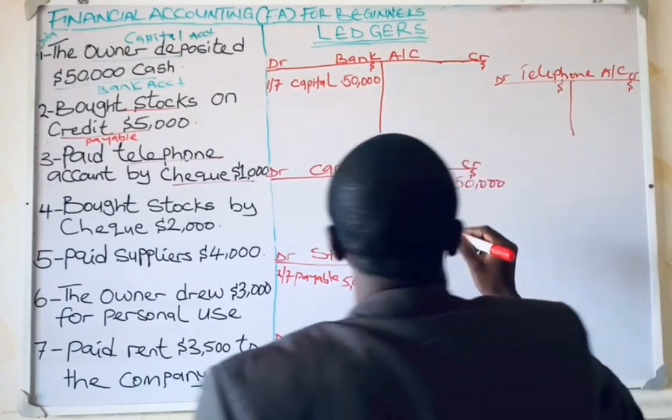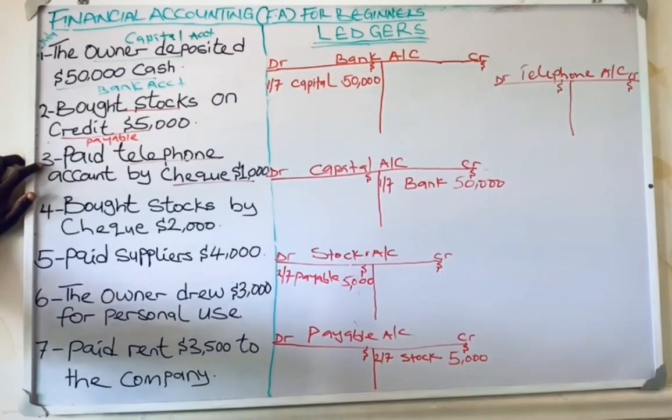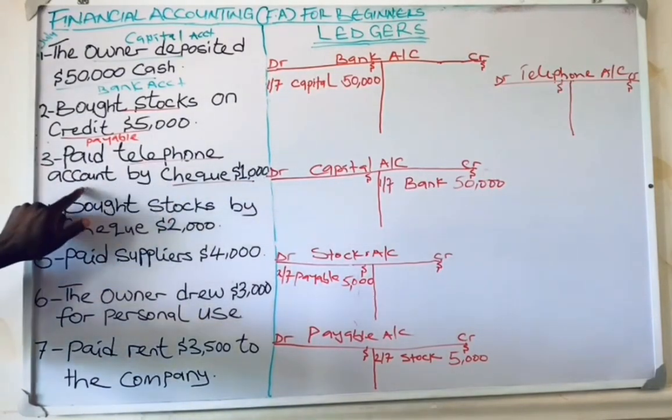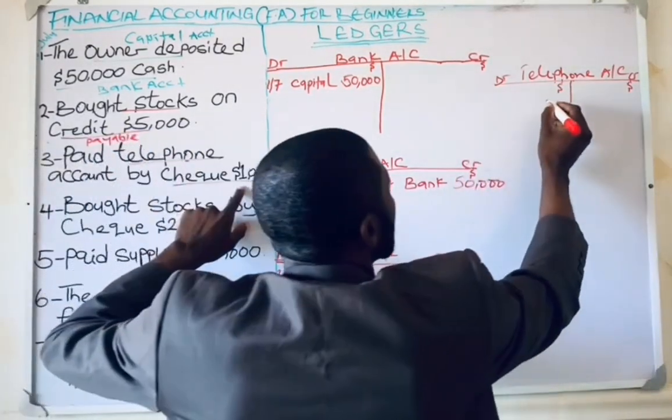On the 3rd of July, paid telephone account by check. So telephone is receiving $1,000 by check.